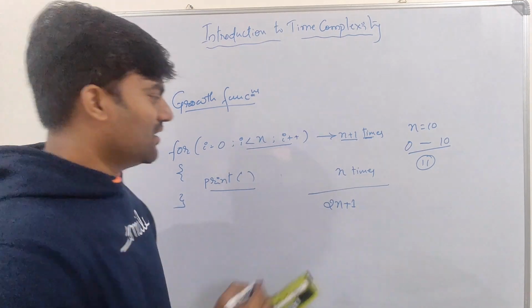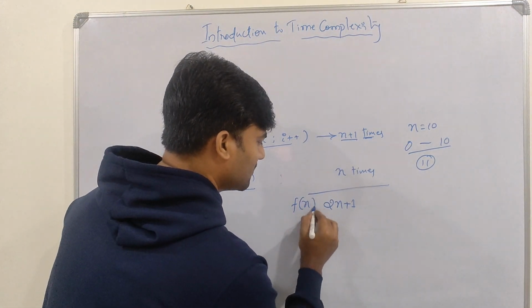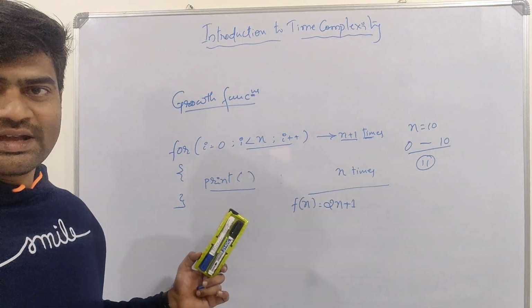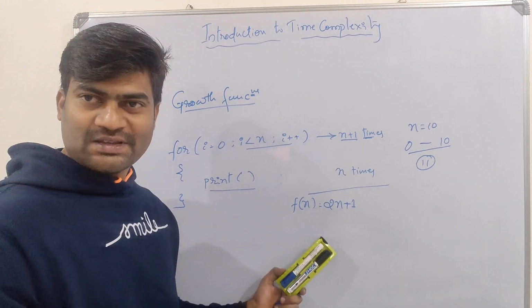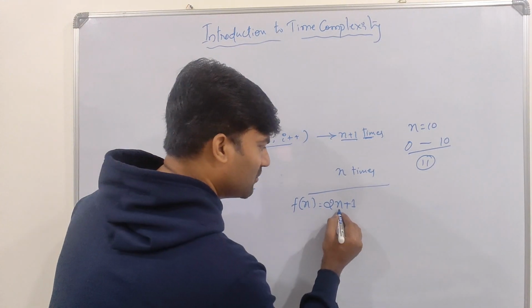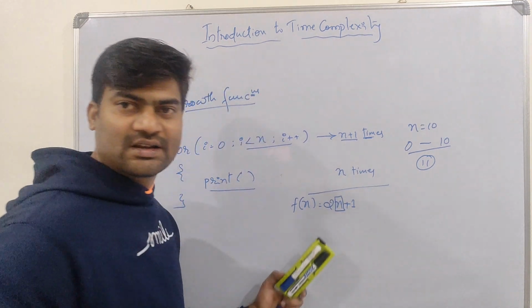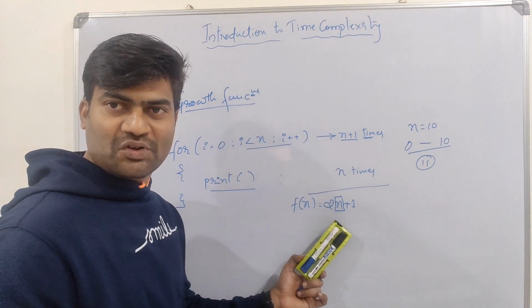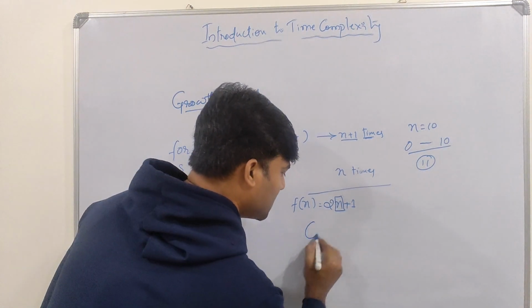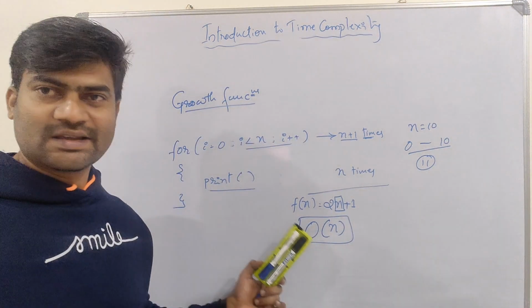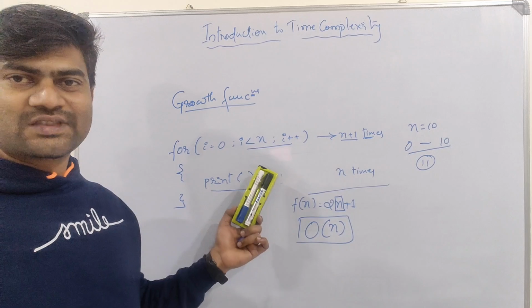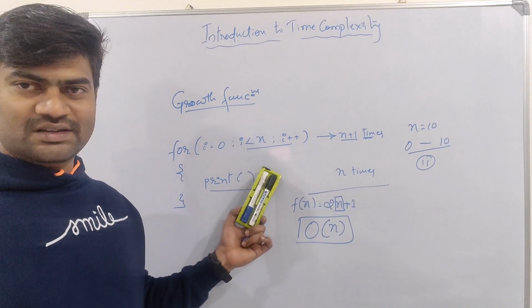If this is the growth function of this particular for loop, then we already know how this can be represented in big O notation. We will only consider the highest order term in this polynomial function, and we will write it as big O of n. So big O of n is the time complexity of this particular function.